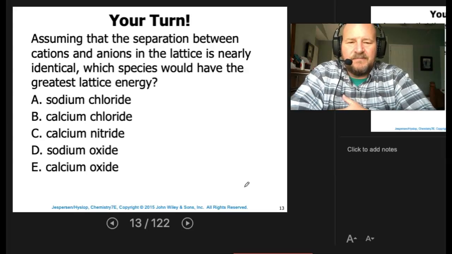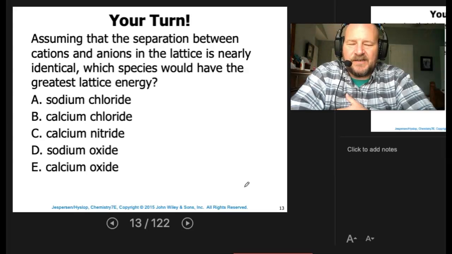Sodium chloride, 1-to-1, both +1 charges. Calcium chloride, the calcium is a +2, chlorides are both -1. Calcium nitride, right? So now you have a calcium with +2, nitrogen with a -3, and you'll have 2 calciums and 3 nitrogens. Sodium oxide, 2 sodiums, 1 oxygen, the -2.